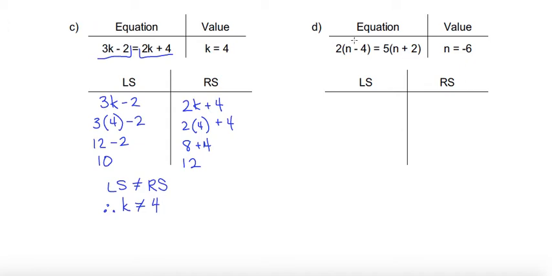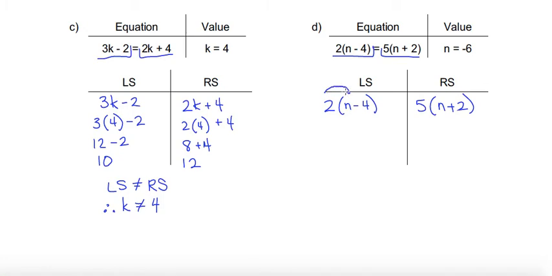And the last example, on the left side of my equation, I have 2 times the bracket n minus 4. On the right side of my equation, I have 5 times the bracket n plus 2. And I want to substitute the value of -6 into my letter n. Now, just to review some of that distributive property, I'm going to apply the distributive property first before I substitute in my value, just so we can practice those skills.